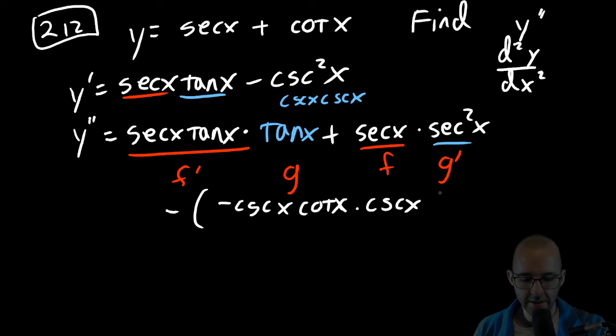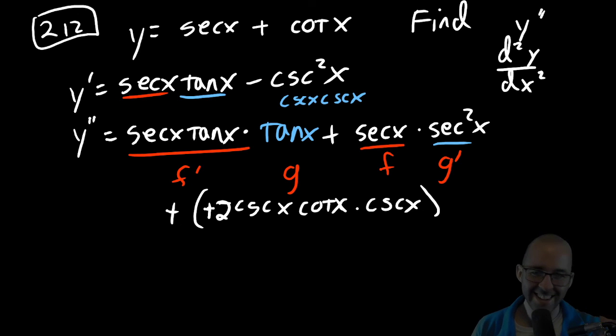Now we're going to have the same thing for the second part. I mean, it's going to be the same thing. You just make it 2. Like so. And then the negatives cancel each other out. I'm kind of skipping a lot of steps here.